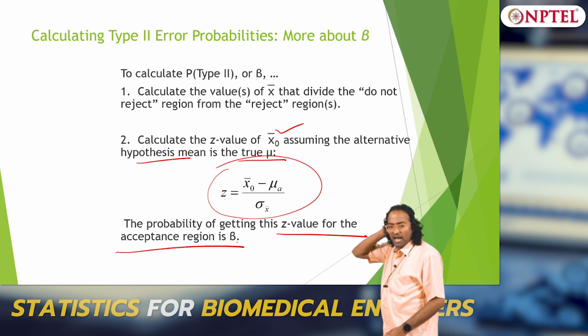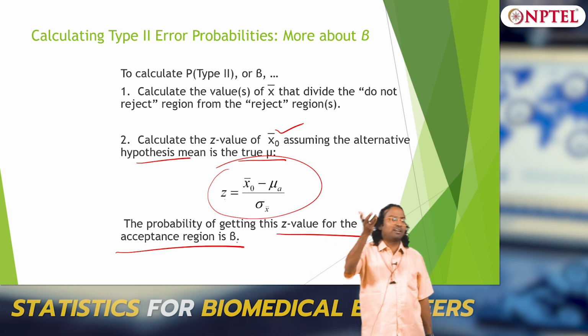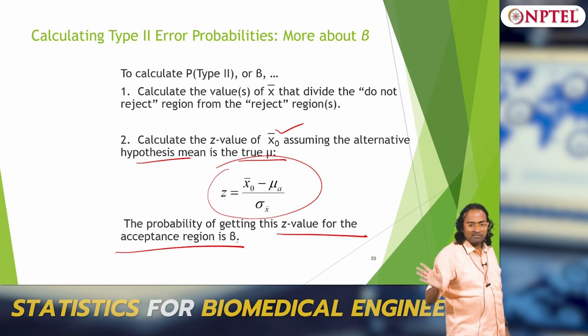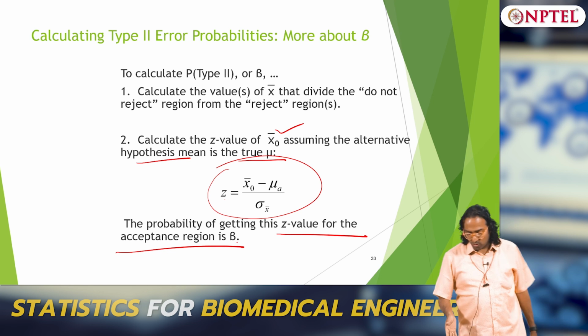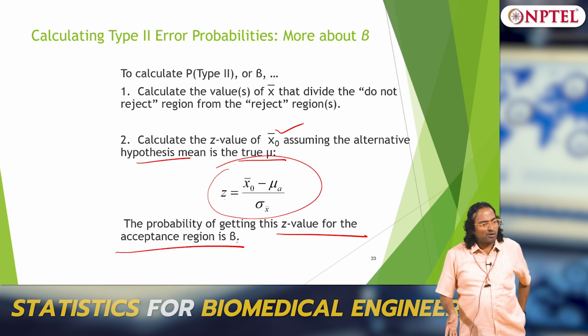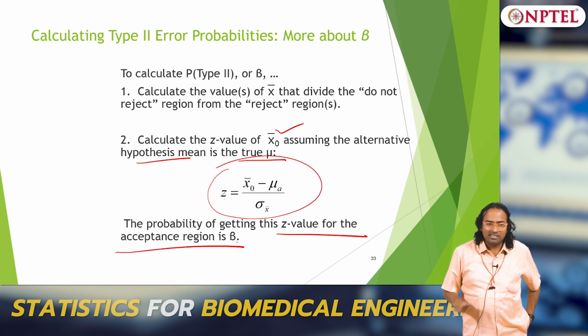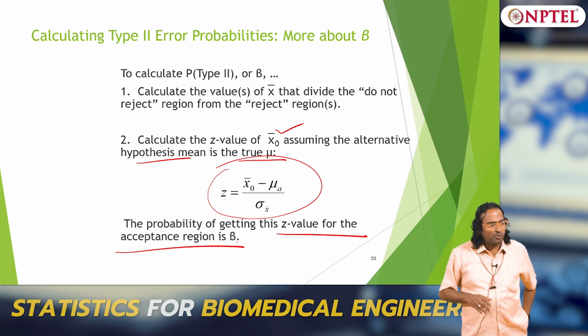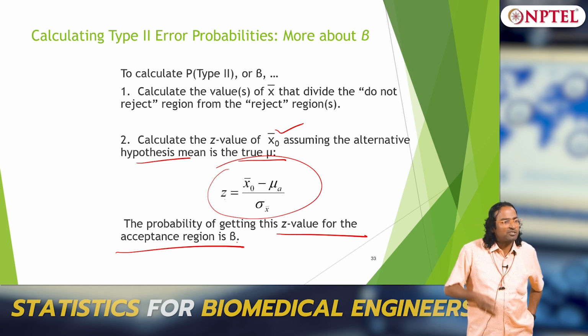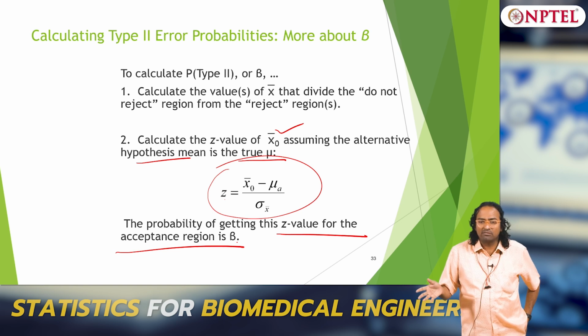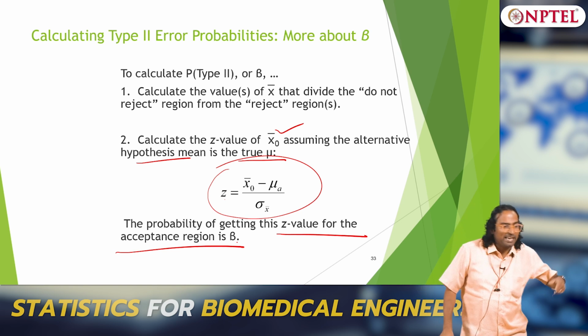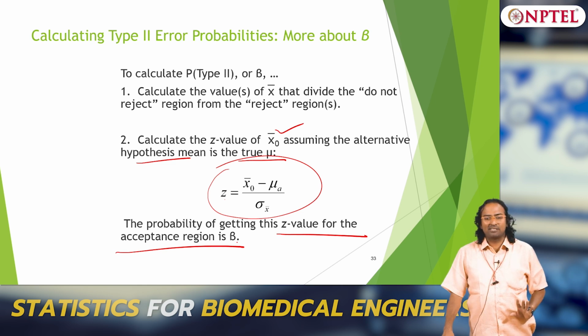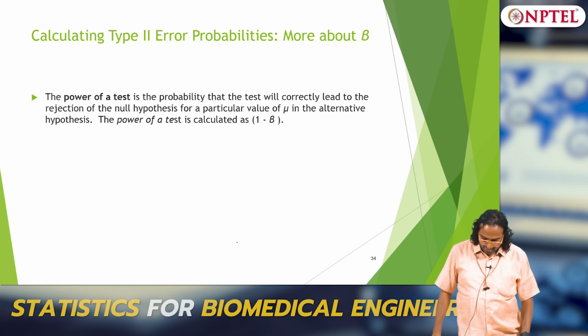So what is beta for a particular alternate hypothesis? Your regular test statistic is z equals x bar minus mu naught by sigma over root n, and then you reject or accept the null. To compute beta, z equals x bar minus mu a by sigma over root n, and you look at the probability of this z value lying within the acceptance region, simple.